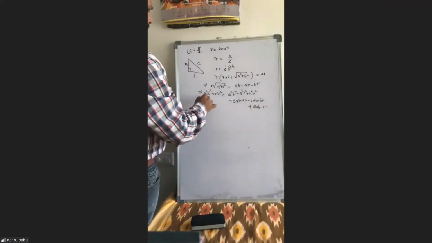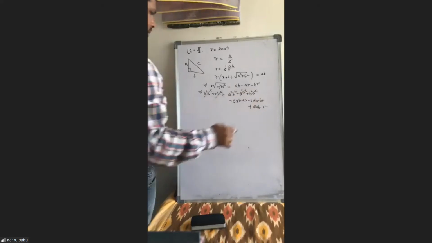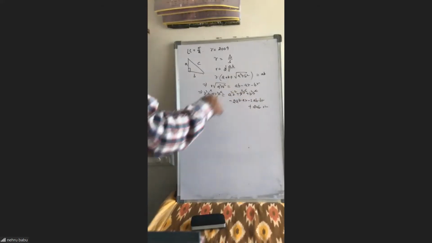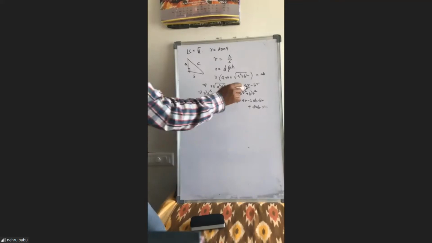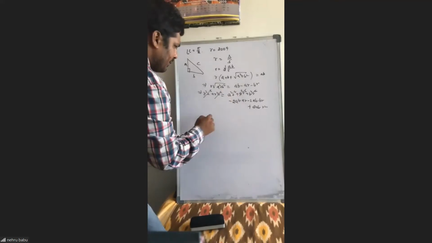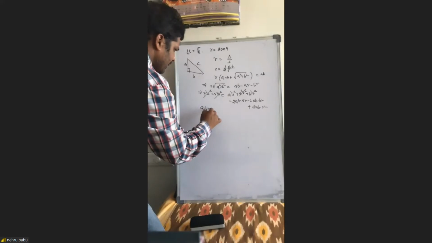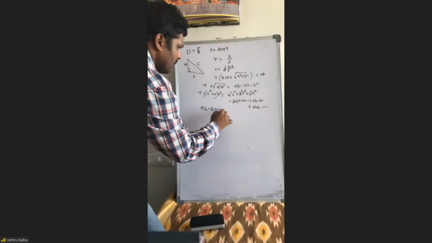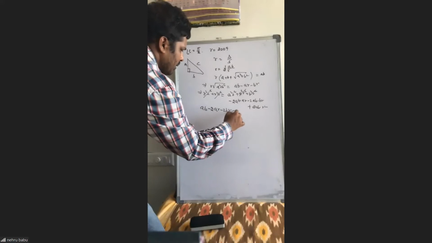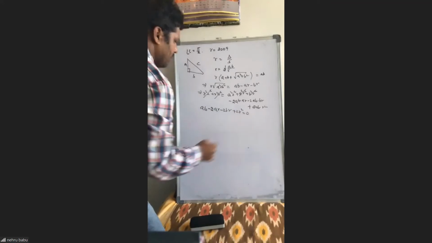So the r square a square and r square b square terms are cancelled, and even ab also you can cancel. What are the remaining terms? 2ab r square minus 2ar minus 2br plus 2r square equals 0.